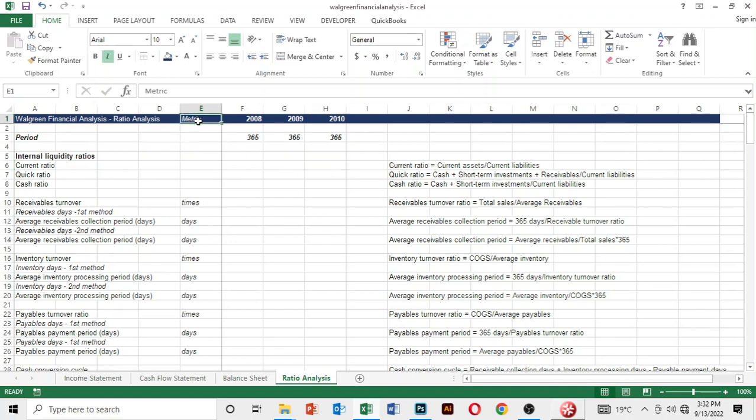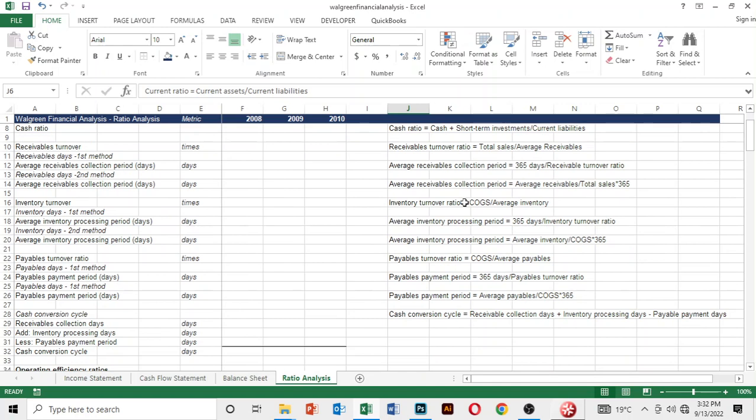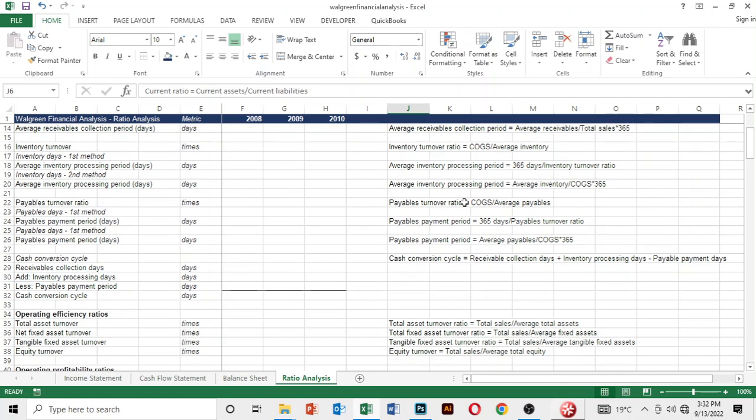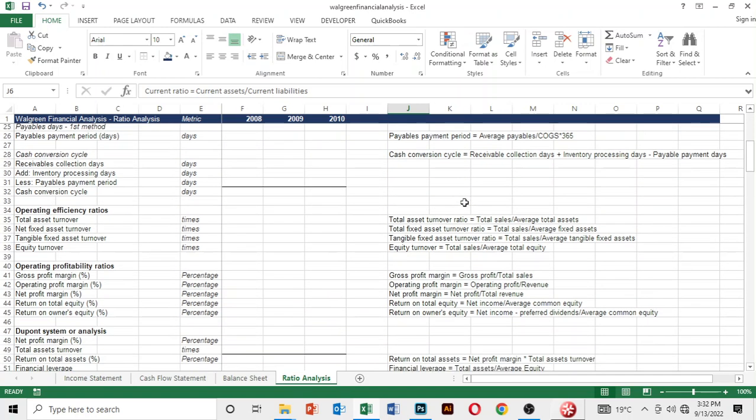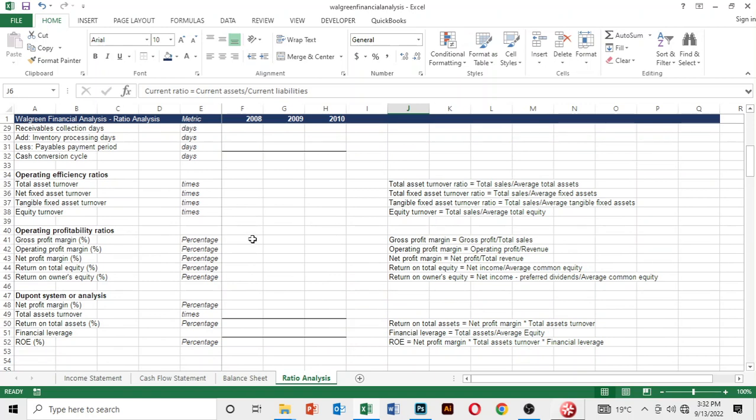I've put the metric column there, and I've also put the formulas that you need to master in order to perform ratio analysis, right?